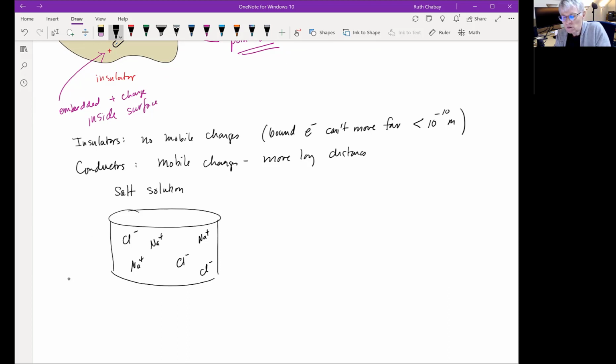And these things can move long distances. So this sodium ion could actually move many centimeters to the other side of this beaker, or if it's in the ocean, it could move miles. Okay, so it can move long distances. I suppose I should write that so it's actually legible. And that's very different from being bound and only being able to shift just a little bit.